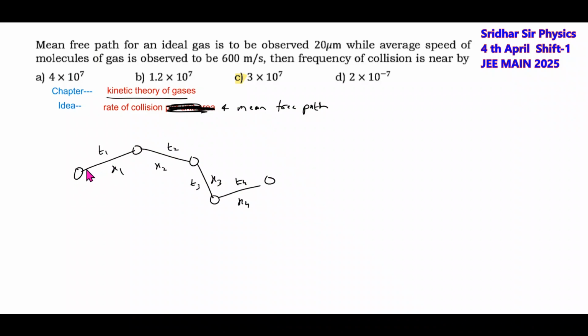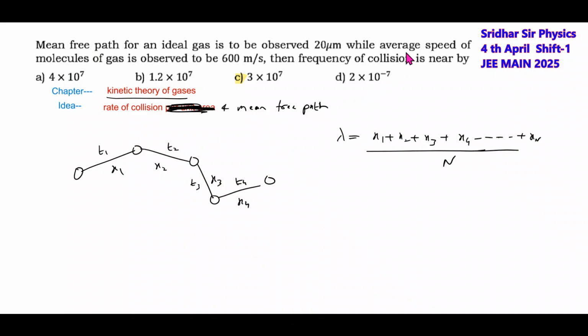It is the distance moved by the molecule without collision; it will move in a straight line between two successive collisions. When you take the mean of these distances, that will be the mean free path. Usually the symbol is lambda, which is x1 plus x2 plus x3 plus x4 and so on, by n. That's the mean free path.